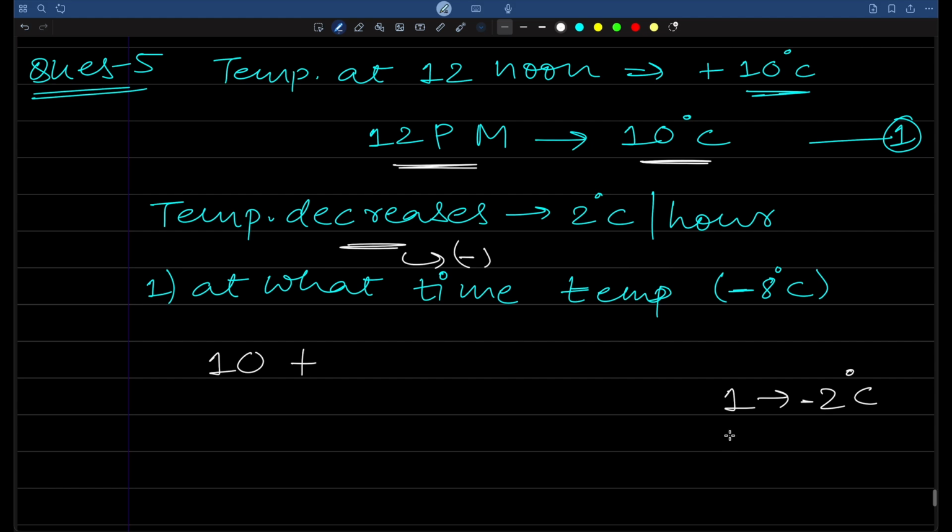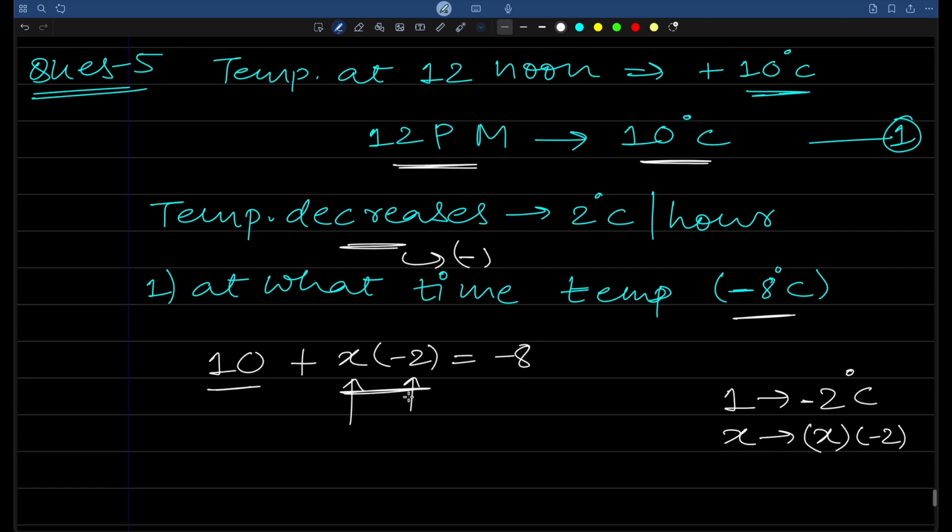So suppose we take x hours, we will get x into minus 2 degrees Celsius per hour. We have to find what time the temperature would be minus 8 degrees Celsius. Initially it was 10, it is dropping by minus 2 per hour. In x hours it has dropped to minus 8 degrees Celsius.